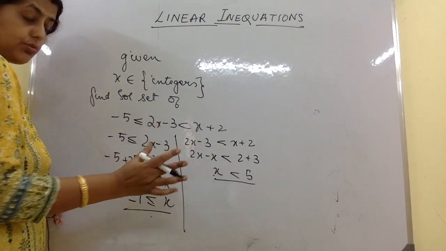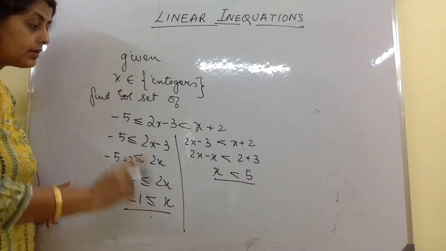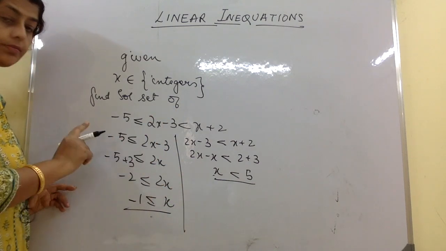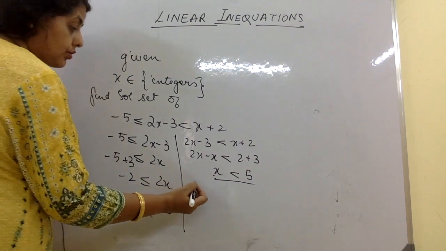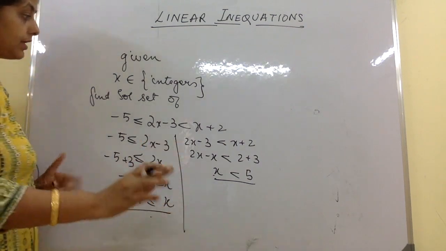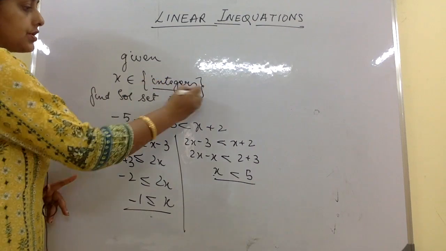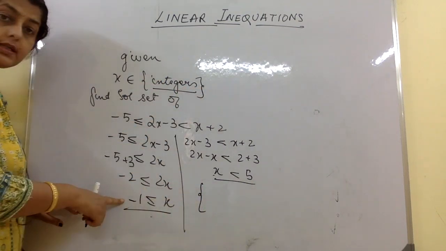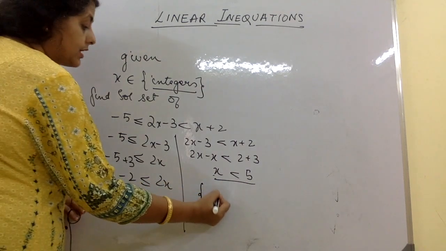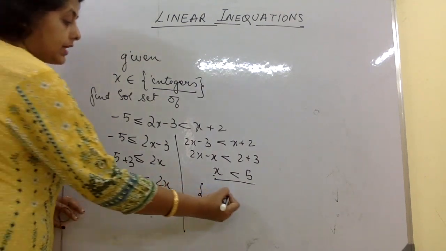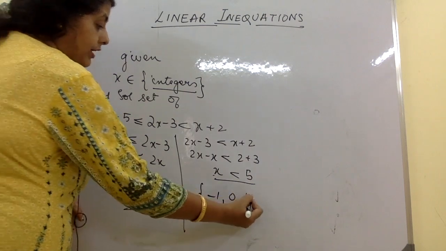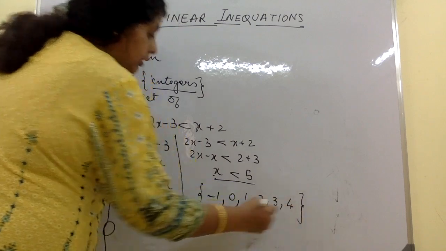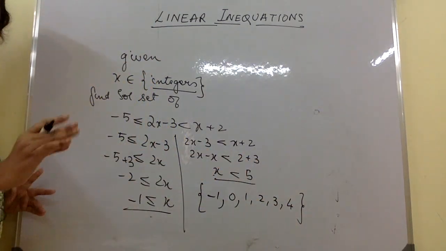So x has to be real numbers, first case. Second, x has to be less than 5, not equal to. x has to be greater than -1. But one minute, it's not real numbers, sorry, it is integers. So I'll start picking the integers. -1 is included, so -1, comma, 0, comma, 1, 2, 3, 4, and we will not take 5 because they have not used the inequality sign.